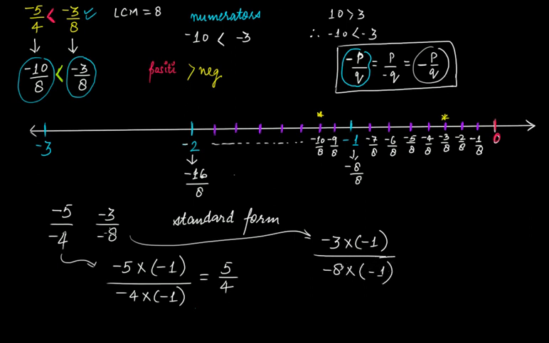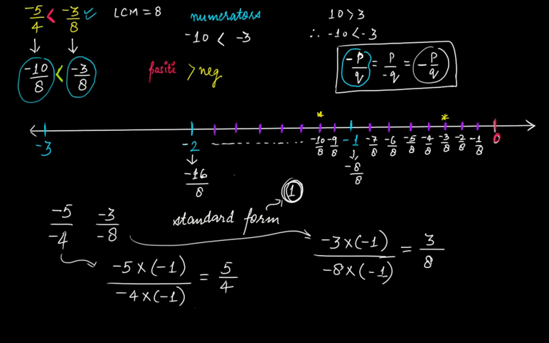The main thing is that we don't want the denominator as negative numbers. Standard form has one other condition, that you should have only one common factor, that is 1, but we are not considering this step. We want our denominators to be positive. So this becomes 3 over 8.